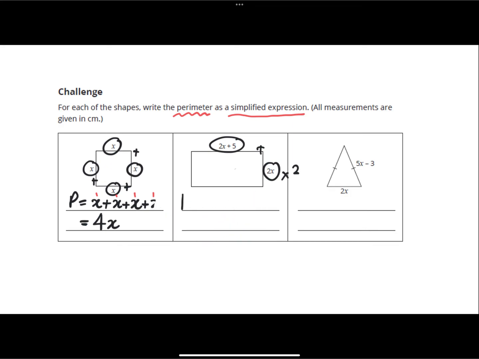So we know that the perimeter is going to be 2 times 2x plus 5, which is this one at the top here, plus 2x. So I'm going to simplify that, keep this out the front here. We're going to work on this part in here. So I have 2 x's, and I add another 2x, which is 4x. And I have my plus 5 just there.